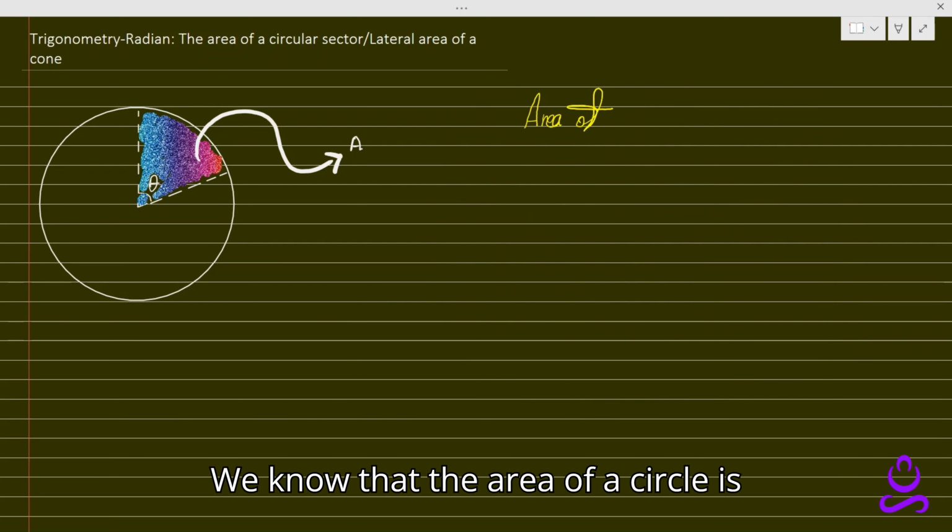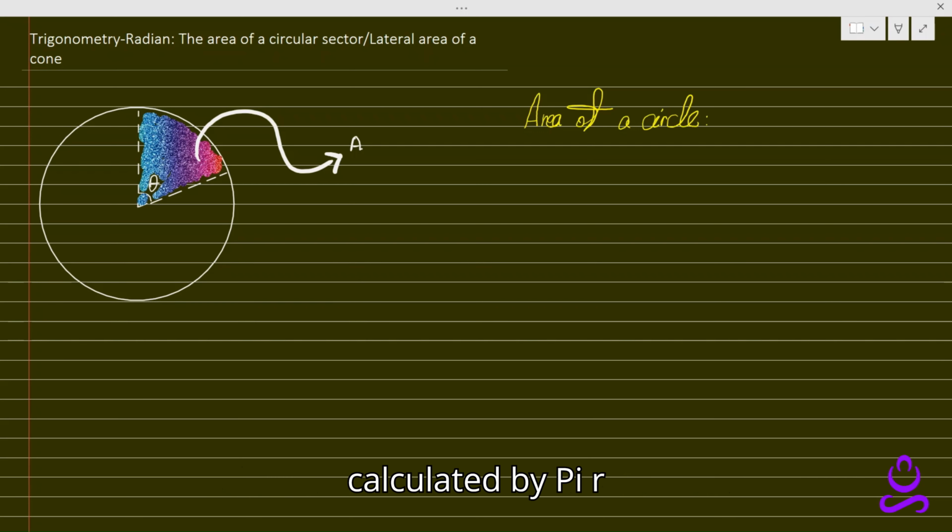We know that the area of a circle is calculated by pi r squared. So when the angle is a full circle or 360 degrees, the area equals pi r squared.